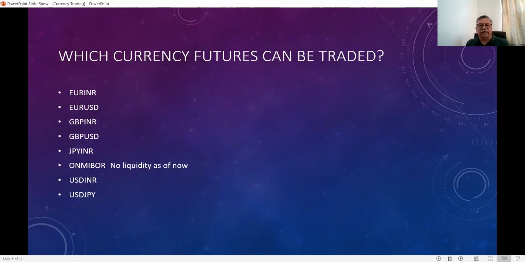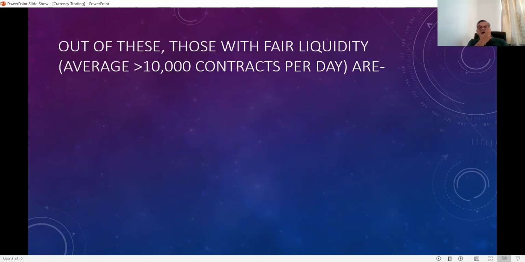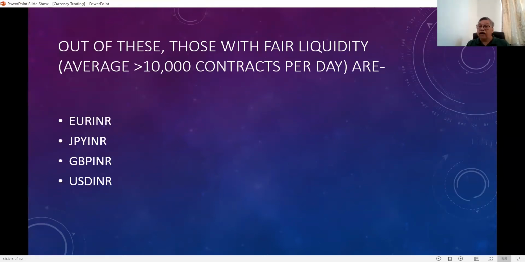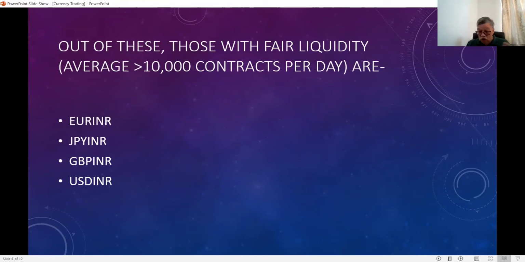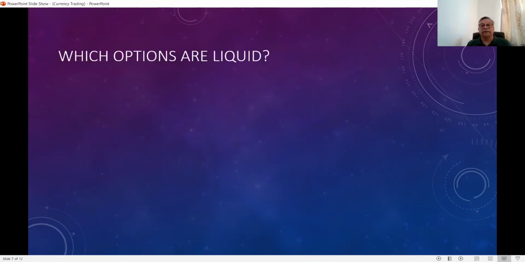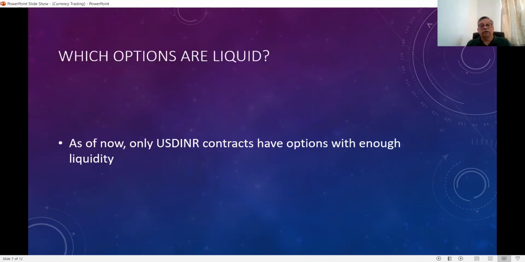You'll see what synthetics are a little later. So out of these, those with fair liquidity, more than 10,000 lots traded per day, are Euro Rupee, Yen Rupee, Pound Rupee, and Dollar Rupee. These four are maximum liquidity contracts. Options are available in all, but only dollar has liquidity.